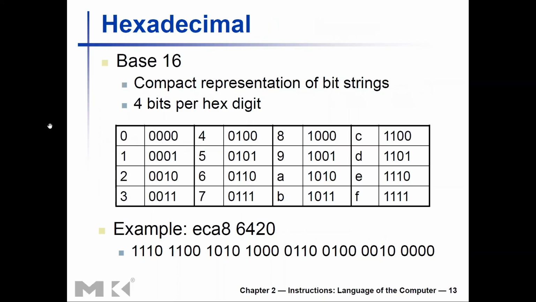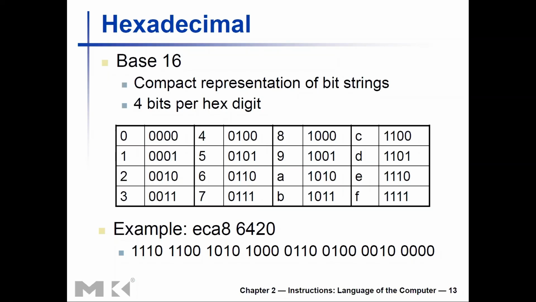And now this hexadecimal notation. Only now are we officially discussing hexadecimal notation, but I hope you already have an idea, because I think you have used it in the C course as well. We use hexadecimal notation as a way of representing large binary numbers in a compact way. So base 16 hexadecimal is a compact representation of bit strings, 4 bits per hex digit.